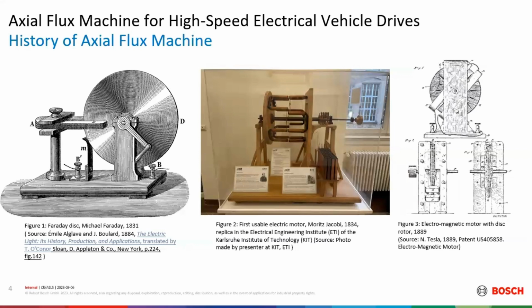Fast forwarding to 1834, Moritz Jacobi invented the first usable electric motor, with both the stator and the rotor featuring alternating electromagnets connected in series and with a commutator to ensure its continuous rotation. In 1889, Nikola Tesla filed the first patent for an axial flux machine, which also laid a solid foundation for this technology's development.